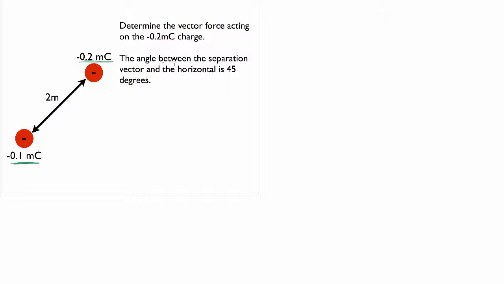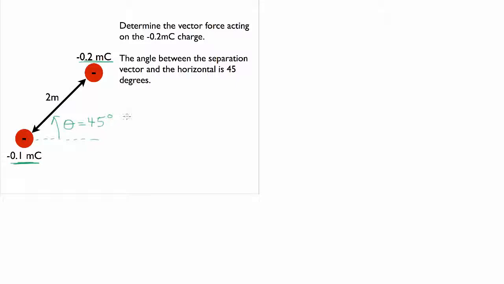We're given additional information, which is that the angle between the separation vector and the horizontal is 45 degrees. So this angle right here, which we're going to call theta, is 45 degrees.